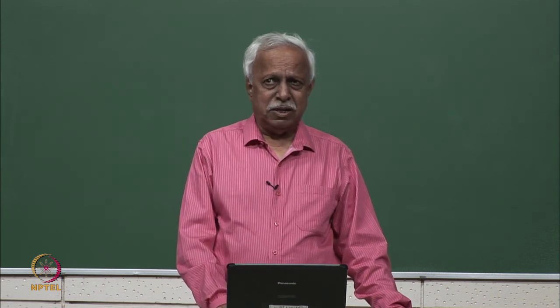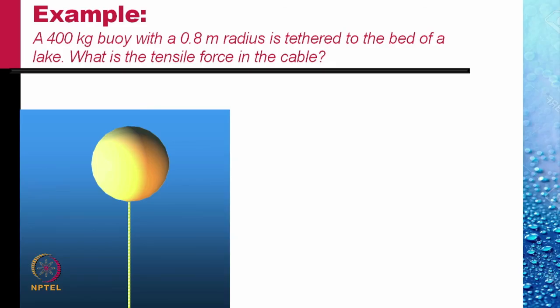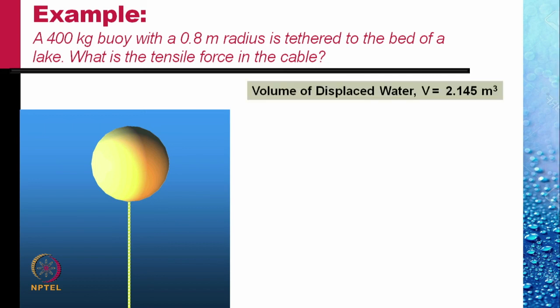Let's do a very simple example. A 400 kilogram buoy with a 0.8 meter radius is tethered to the bed of a lake. What is the tensile force on the cable? For this, of course, we'll draw a free body diagram of the buoy.